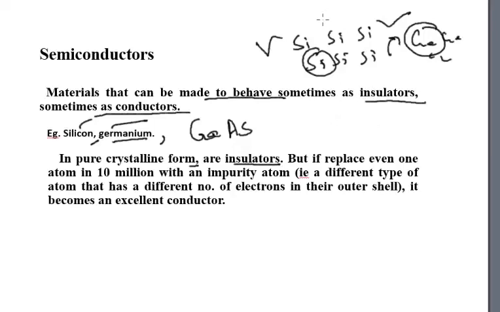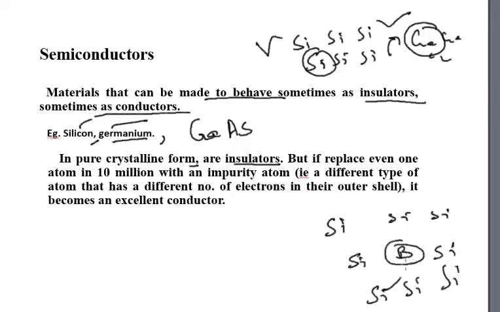The structure will be like this: silicon, silicon, silicon, silicon, silicon, and here we'll have either boron or phosphorus or any other element. In that case, their conductivity increases and they start behaving as conductors, right?